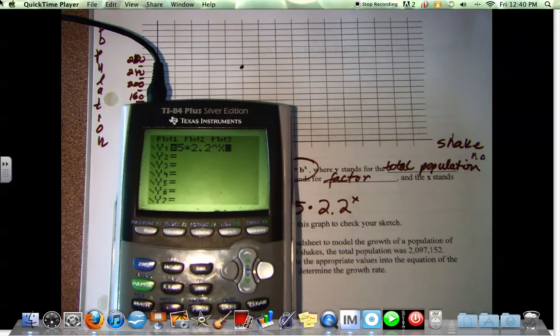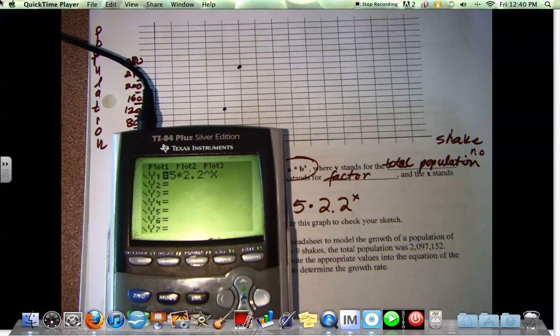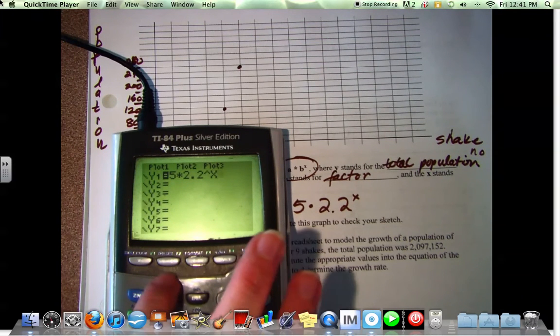How do you hit x? The x is right next to the green alpha key. Then do we hit enter? Before you hit enter, hit the window key, the second key from the left under the screen.